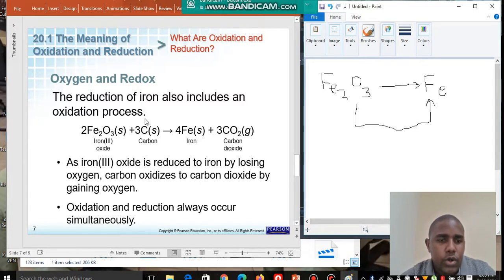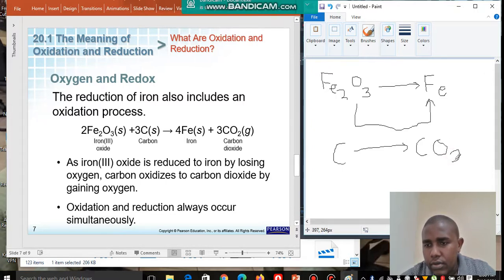Now let's look at the carbon. Carbon in the presentation here has been converted into carbon dioxide. Now what has been added to carbon to form carbon dioxide?